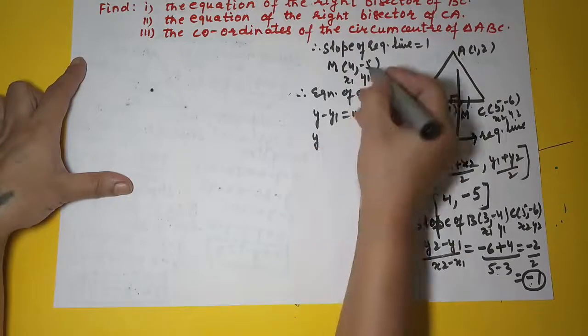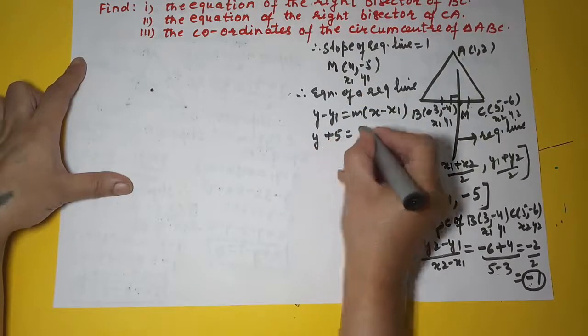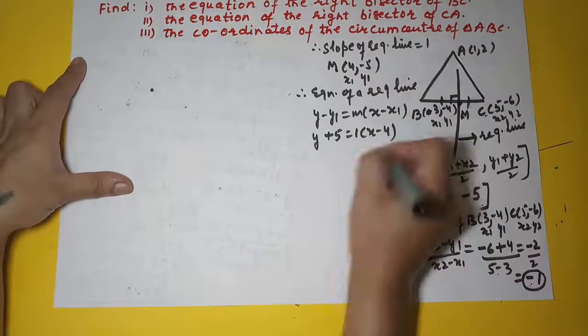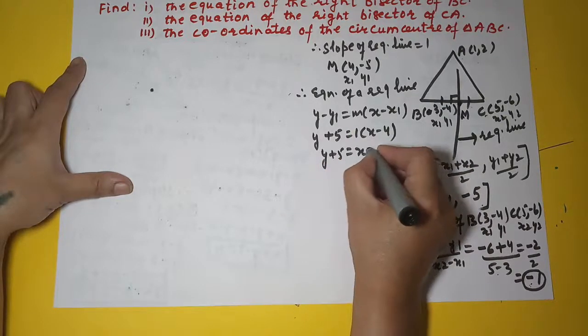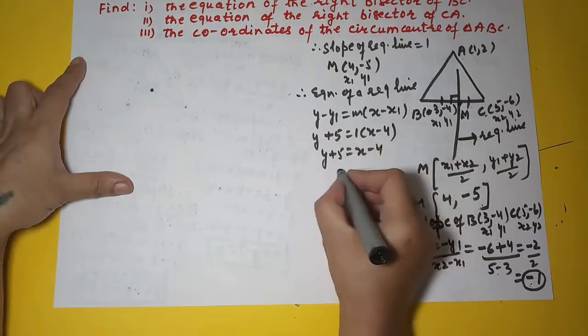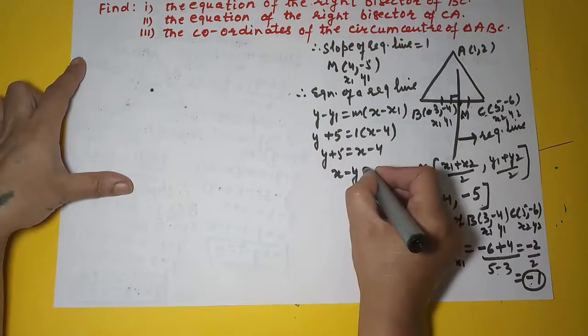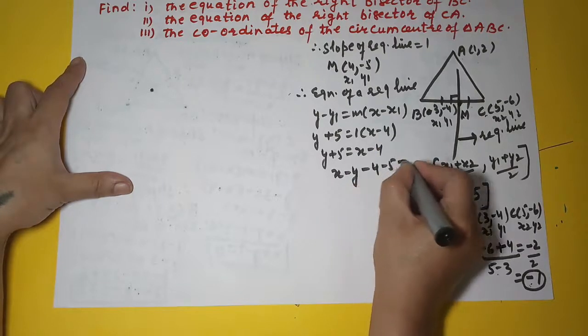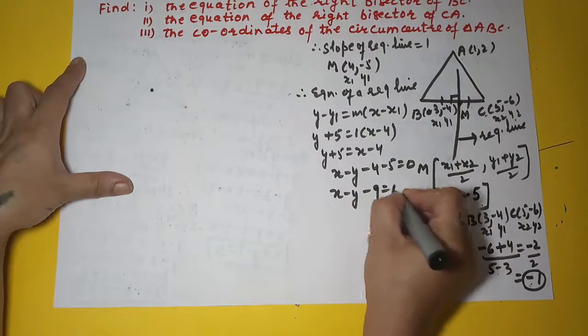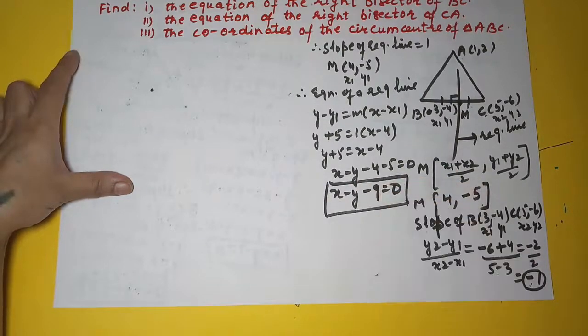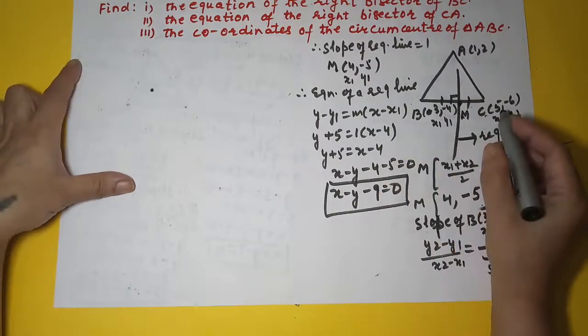So y minus of minus 5, this becomes plus, equal to 1 into x minus 4. So y plus 5 equals x minus 4. Shift these to this side, and you get x minus y minus 4 minus 5 equal to 0. So x minus y minus 9 equal to 0 is the equation of the right bisector of BC.